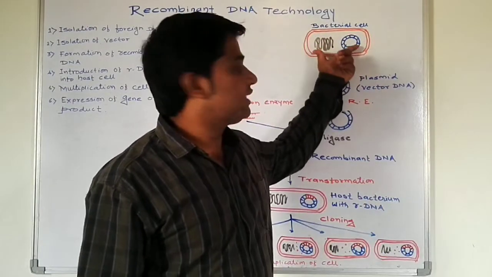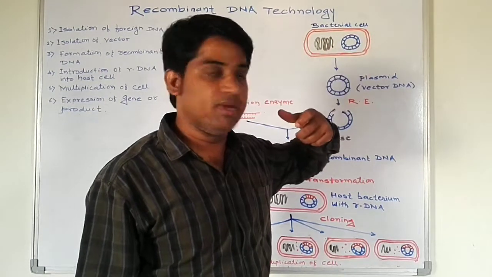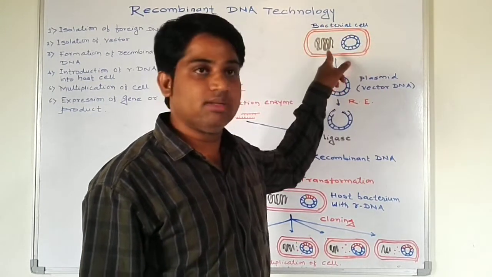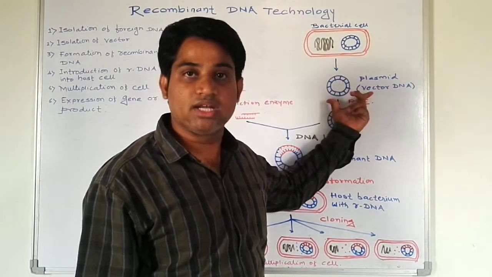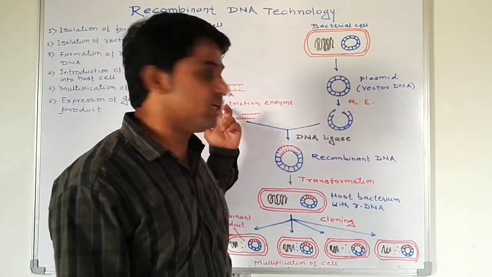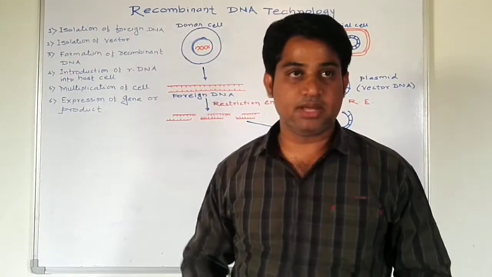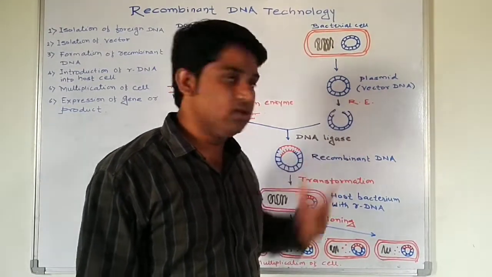From a bacterial cell like E. coli, which contains plasmids, we degrade the bacterial cell with the help of some enzymes and isolate the vector molecule. Now this vector molecule is cut with the same restriction enzyme used in the first step, and it also contains sticky ends.